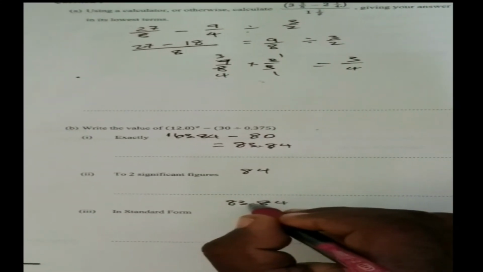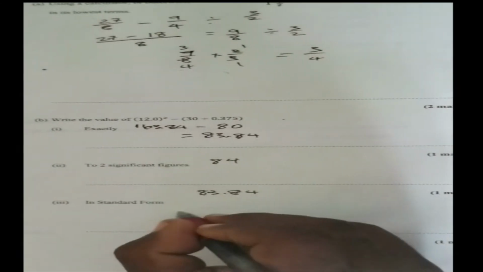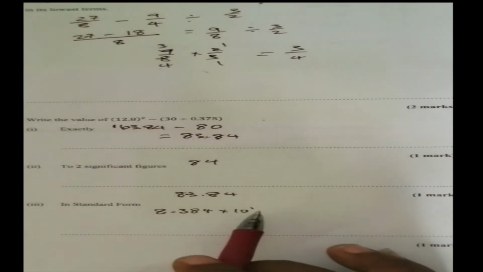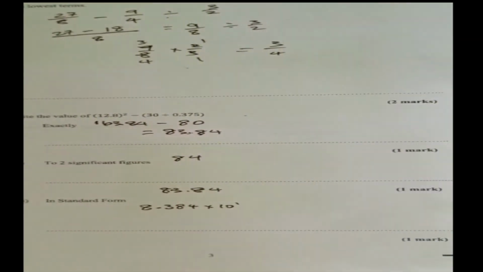If we move the decimal place one point to the left, we get a number between 1 and 10, so we can have 8.384 times 10 to the first power. When we raise this to the first power, it gives us back 83.84. That is our answer for that question.